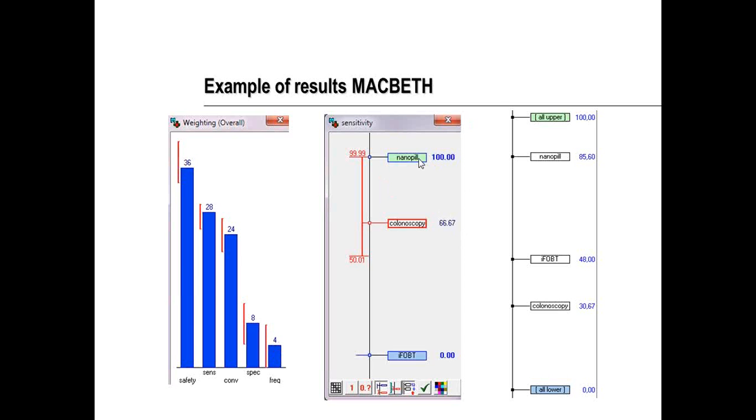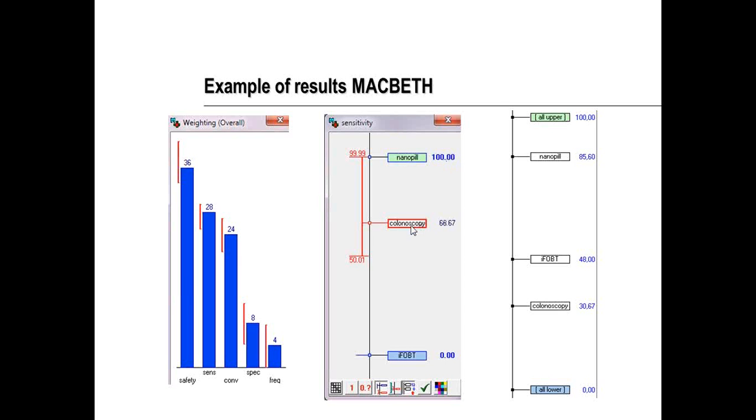And the same with the priorities of the alternatives. Here it's solely for sensitivity. And with MACBETH, it's always that the least attractive alternative receives a priority of 0, and the most preferred alternative is assigned a priority of 100.